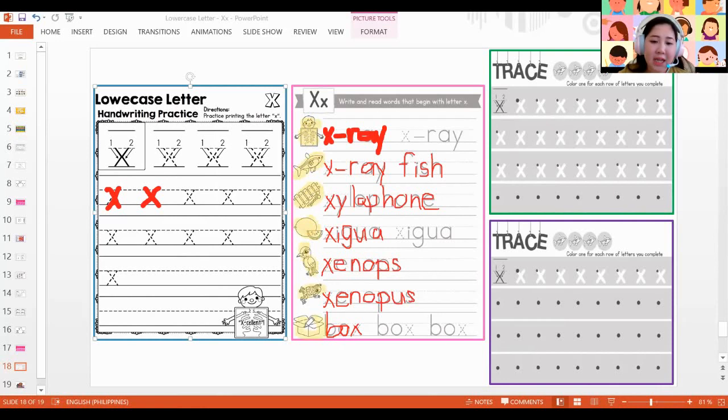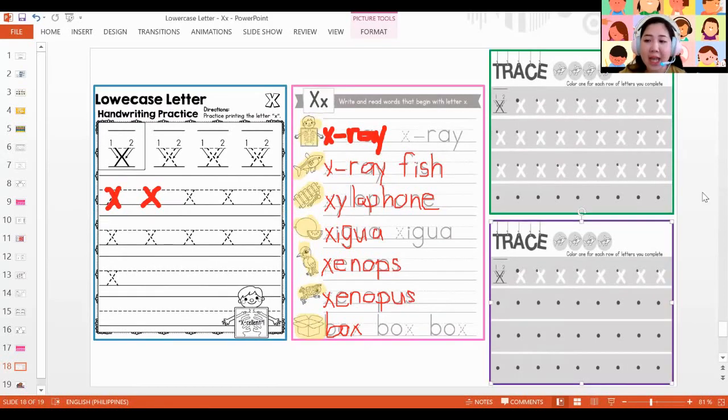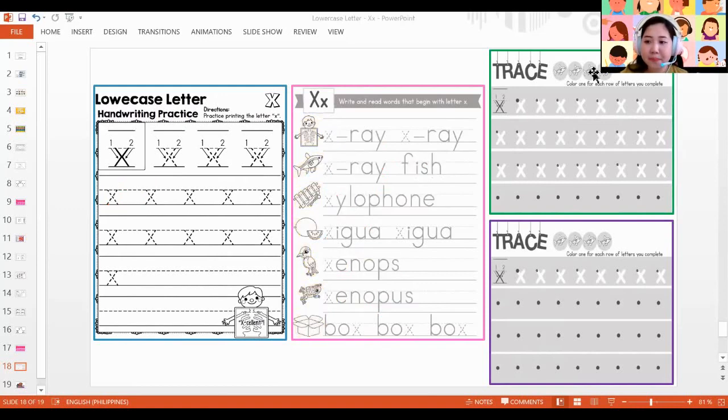Just like this. Now, we have the final two worksheets. We have to trace our letter X and also trace and write our letter X. You can pause again the video so you can finish working.